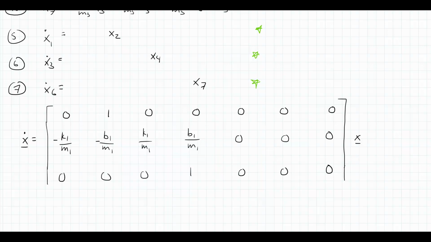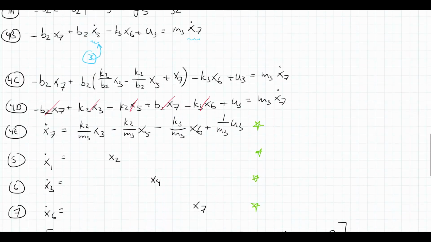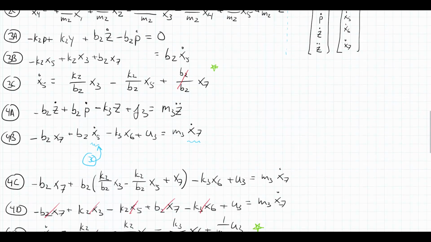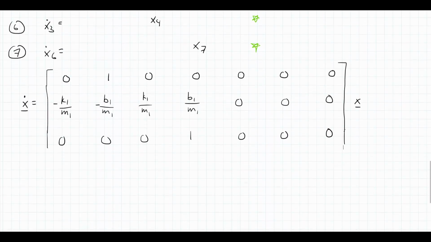Now my x4 dot equation, which is coming up here, equation 2c. So I want to pull off these coefficients and then transcribe them into my matrix. So I have here a positive k1 over m2, a positive b1 over m2. I'll have a negative k1 plus k2 over m2.